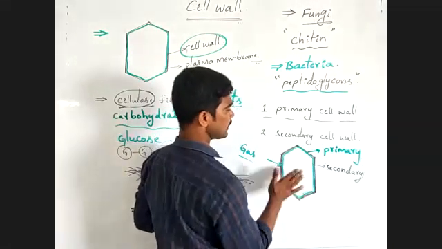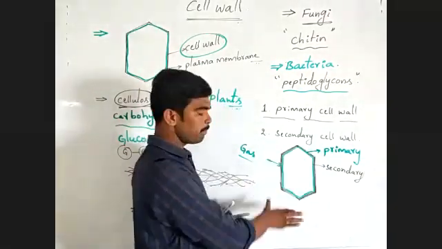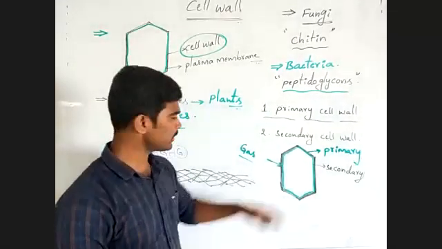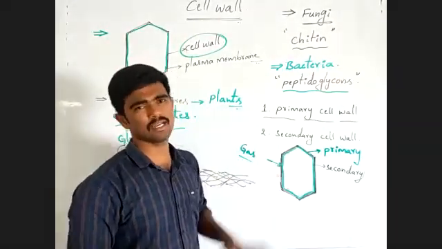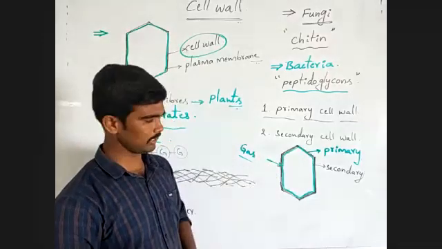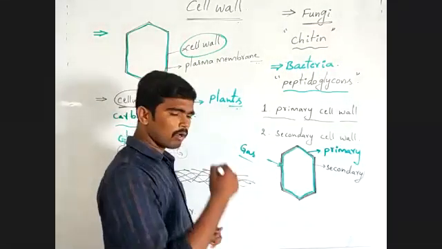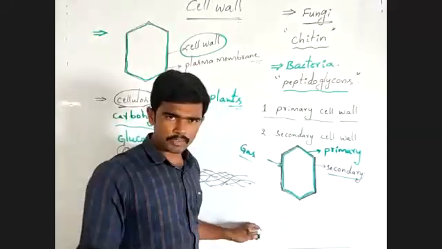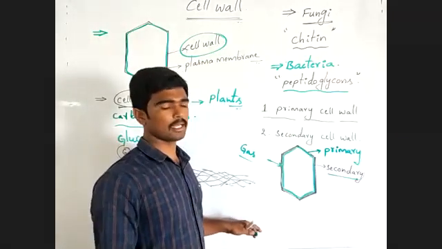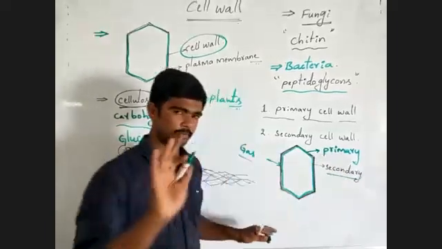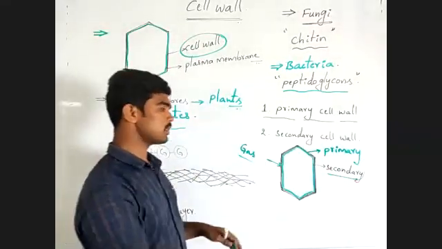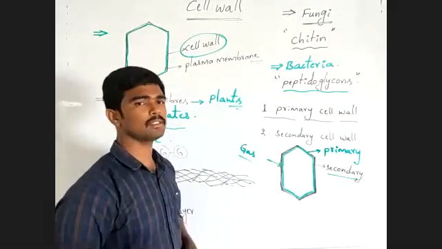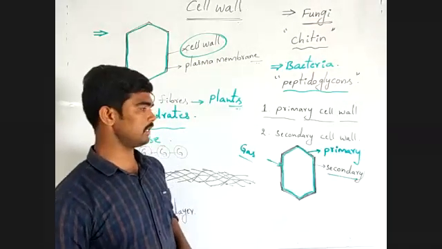A living cell becomes a dead cell. It's important: in all dead cells, secondary cell wall is present. In living plant cells, secondary cell wall is absent. Once secondary cell wall is formed, the living cell becomes a dead cell.